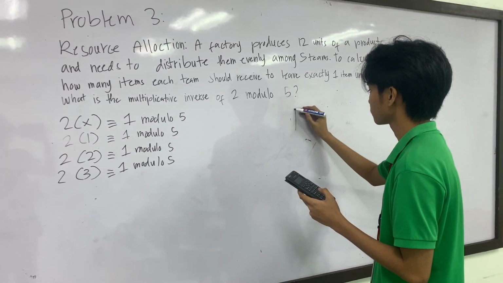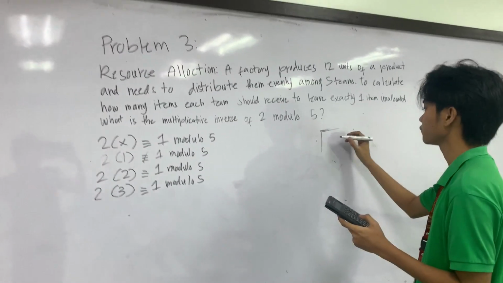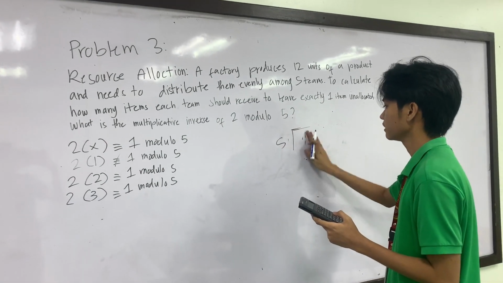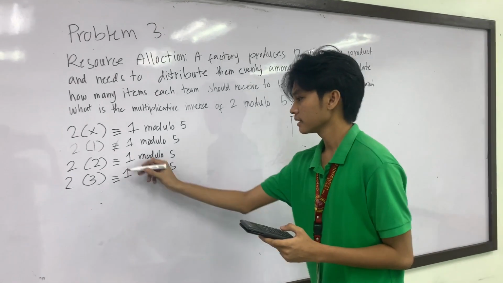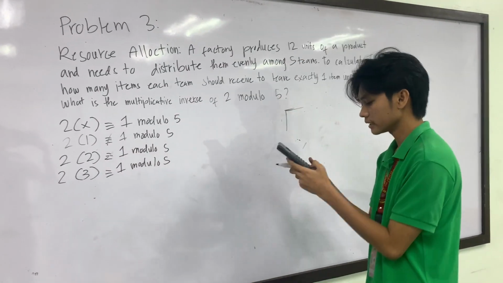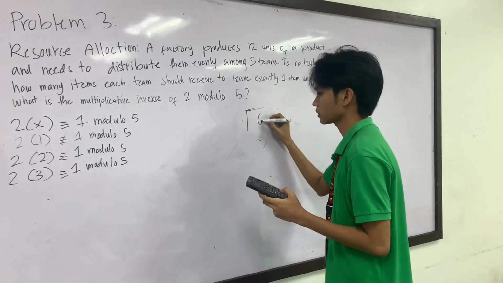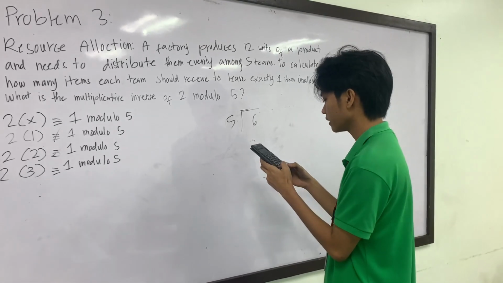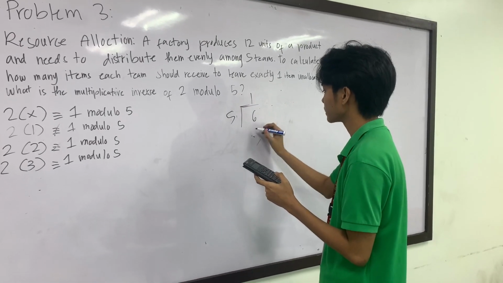Next is 2. 2 times 2 is 4 modulo 5, so still not the inverse. And the last is 3. 3 times 2 is 6. 6 divided by 5 is 1. 1 times 5 is 5.